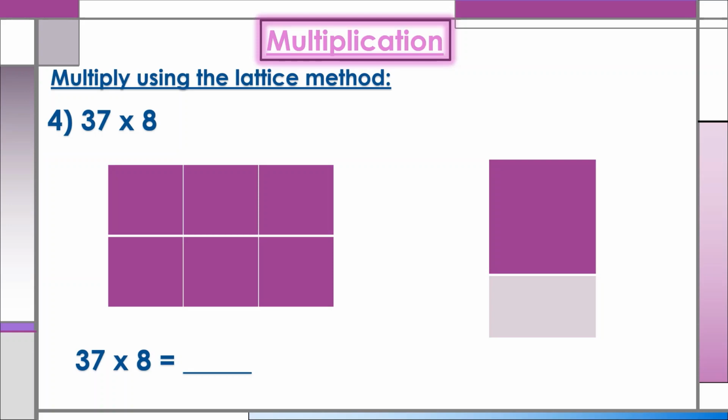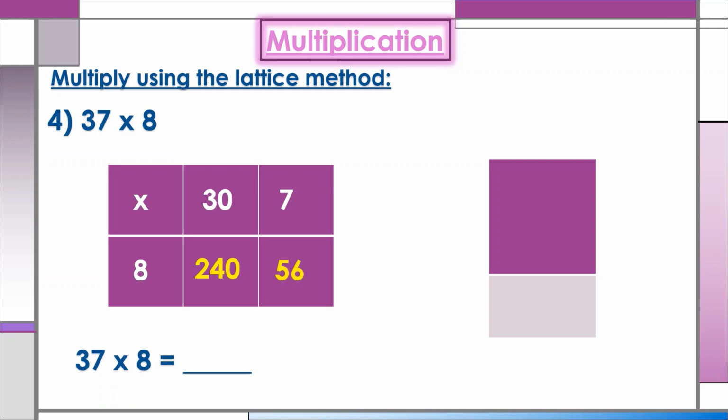Multiply using the lattice method. 37 multiplied by 8, we write the multiplication sign. Split 37, 30 and 7, write 8 table. 3 8s are, we get 240, 7 8s are, we get 56.